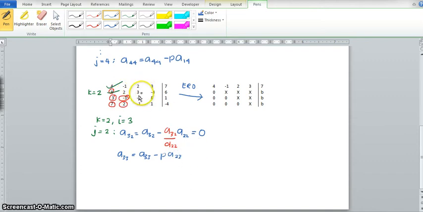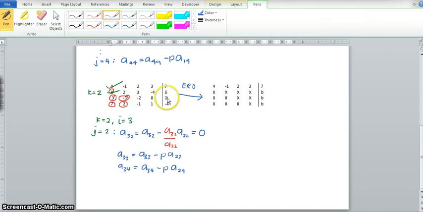And then A34 is equals to A34 minus P times A24. Okay, dah dapatkan semua, kita dah upgrade semua elemen dalam matrix A.